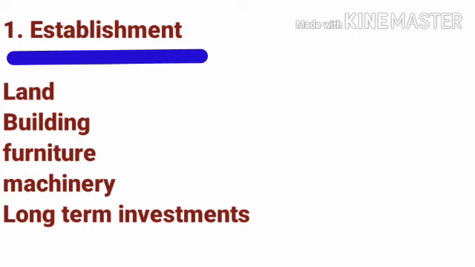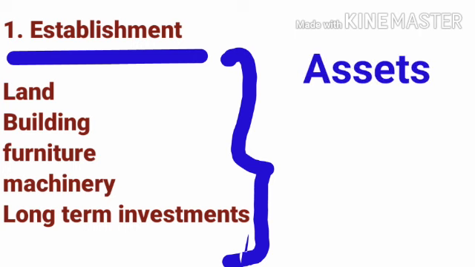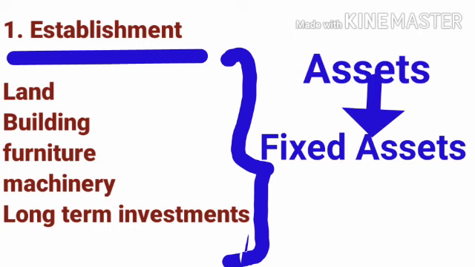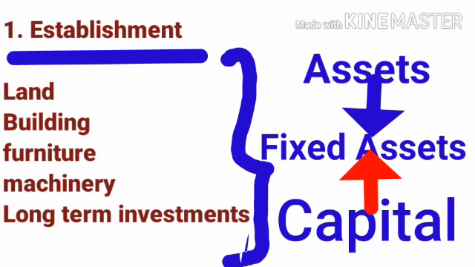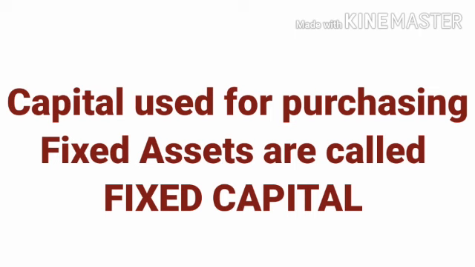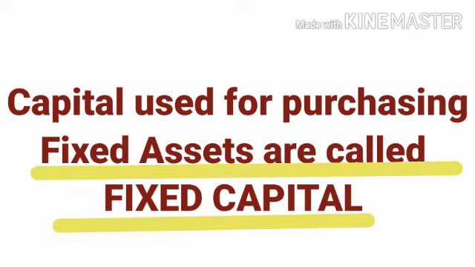For this, business requires land, building, furniture, machinery, long-term investment, etc. These are assets. Moreover, these are fixed assets and require a huge amount of capital. So capital used for purchasing the fixed assets is called fixed capital.